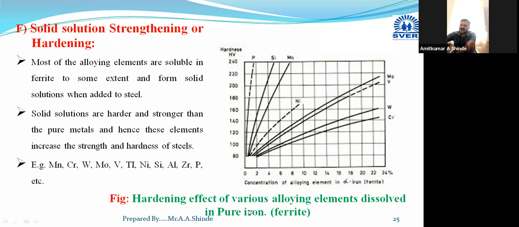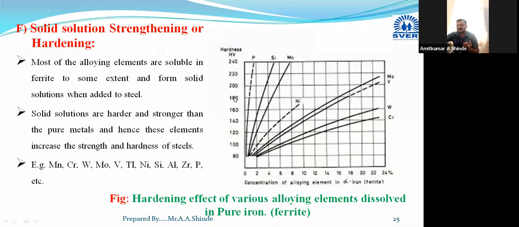And in this hardening effect, phosphorus, silicon, manganese are most effective. Most effective elements means that with their small quantity, they will provide more hardness. With a very small amount of phosphorus, the increase in hardness will be more.